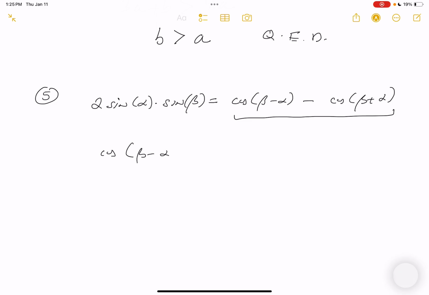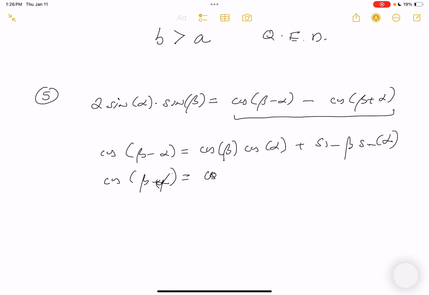So cosine beta minus alpha, that's going to be cosine beta cosine alpha plus sine beta sine alpha. I'm also going to write down cosine beta plus alpha. That's cosine beta cosine alpha, and that's going to be minus sine beta sine alpha.